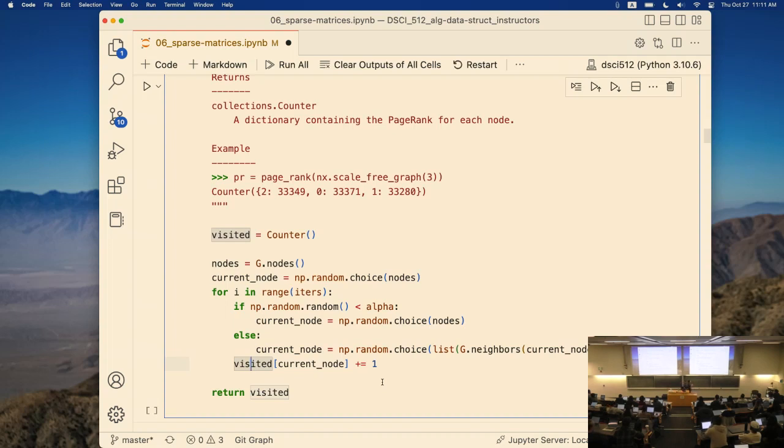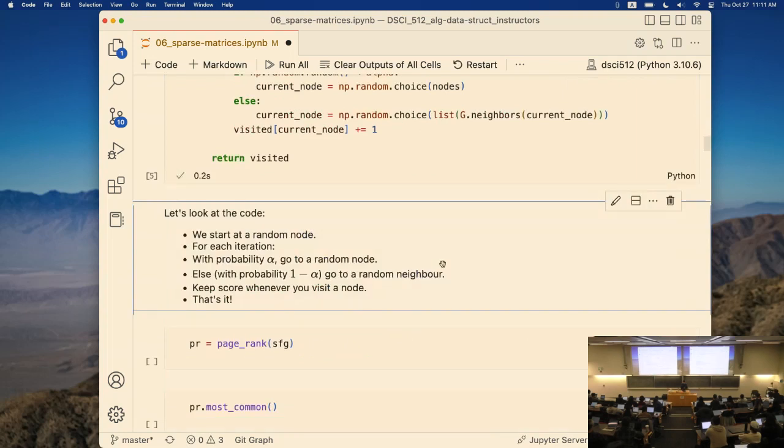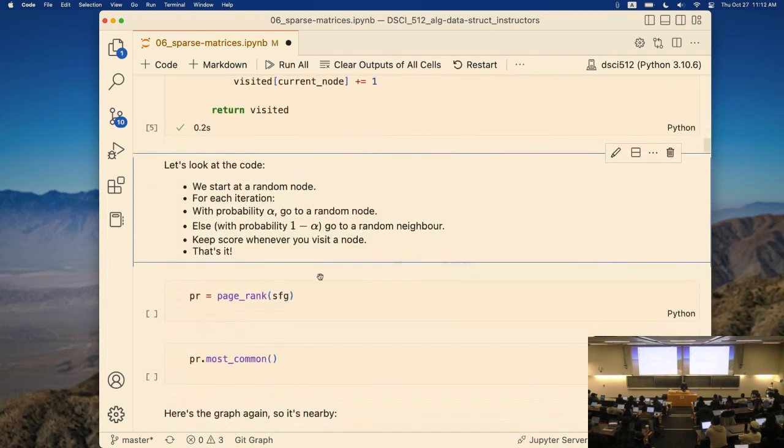You can see that this is dependent on the connections in the network, because at this step, I'm choosing the next node as one of the neighbors of the current node. Okay, so let's run the simulation.